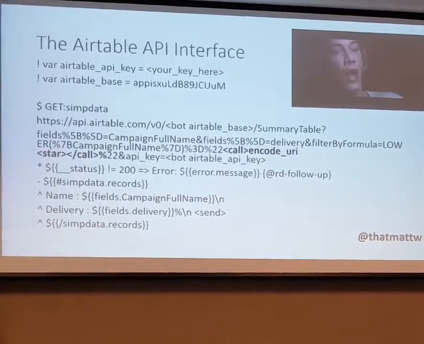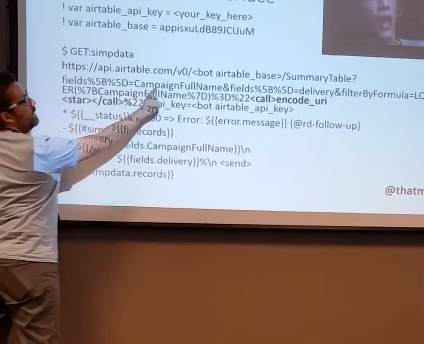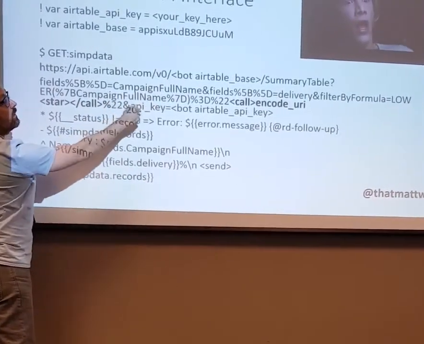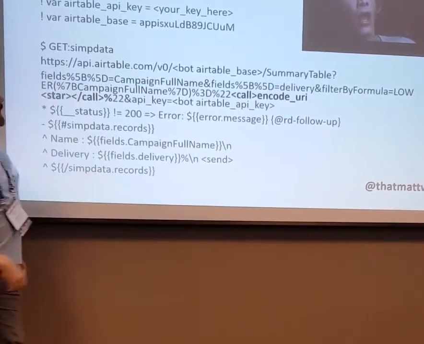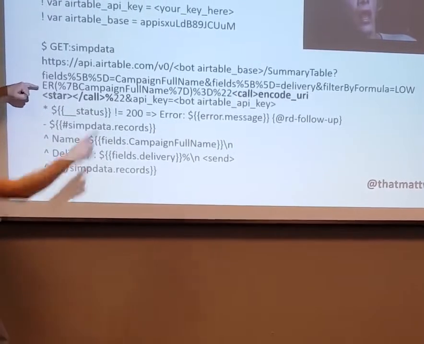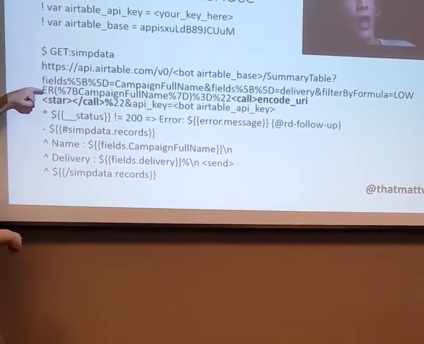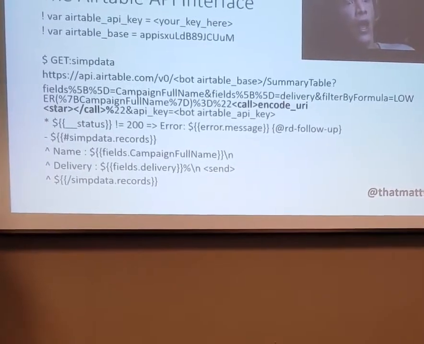And then, I was talking about the in-query filter. I can filter down, so it only gives me a couple of the fields I want. So here I just want campaign, and I just want the delivery stats. And then I've got that filtered by formula, so it's across the lines, but you can see this is lower. So I'm lowercasing the campaign name to match.